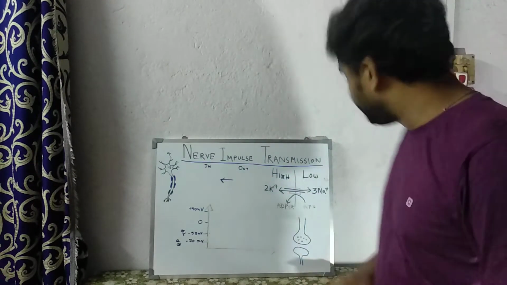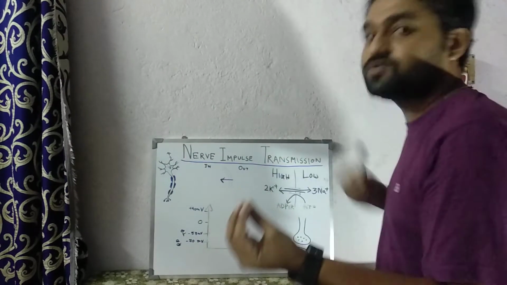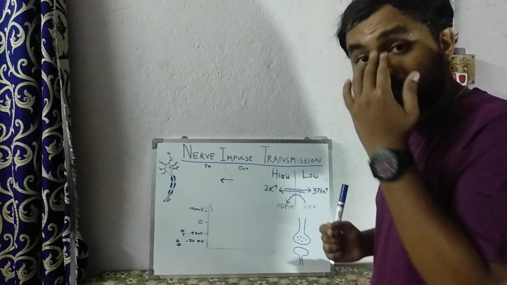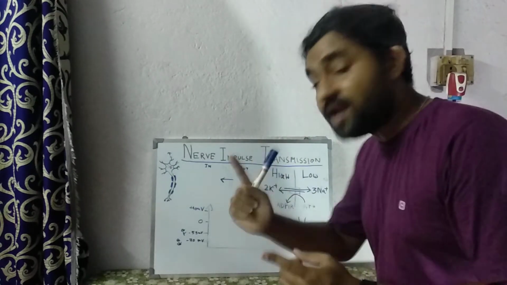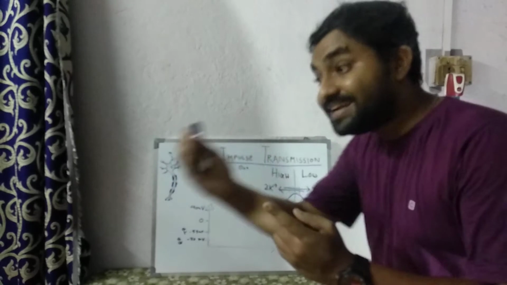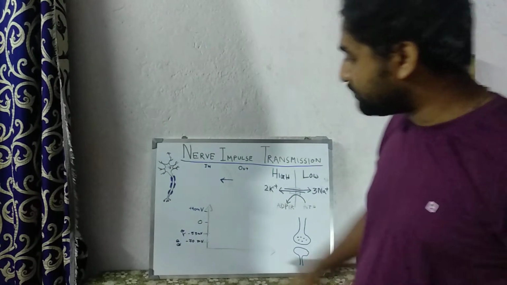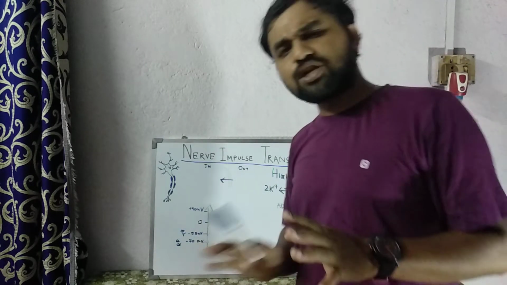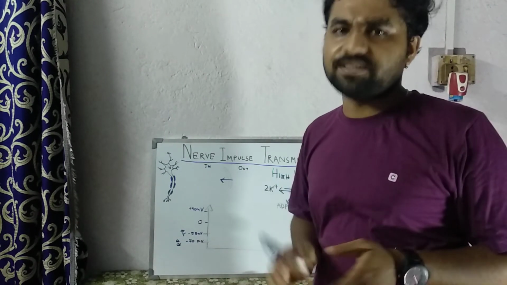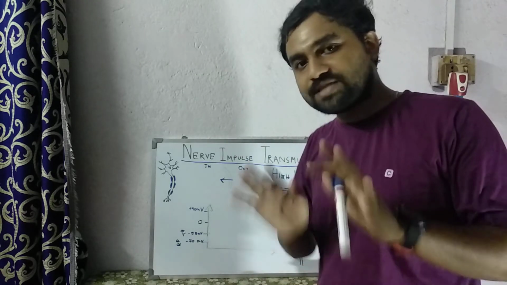If you note carefully, there is one net positive charge migrating outside the cell. That is responsible for the formation of this inside negative resting potential. The normal resting potential for a neuron is generally minus 70 millivolts, so it is called inside negative, minus 70 millivolts.